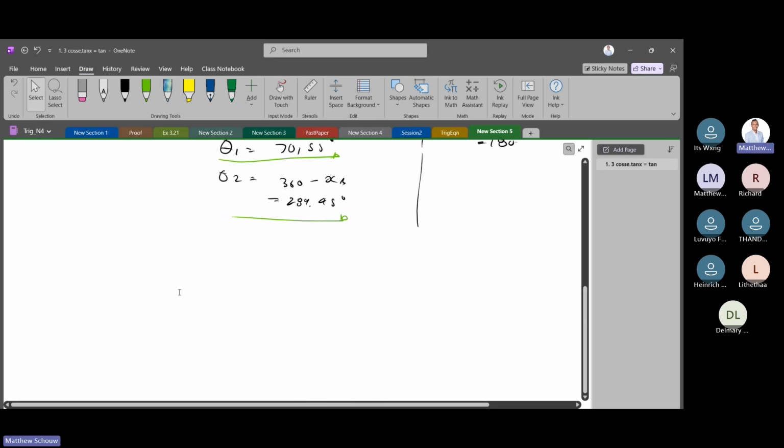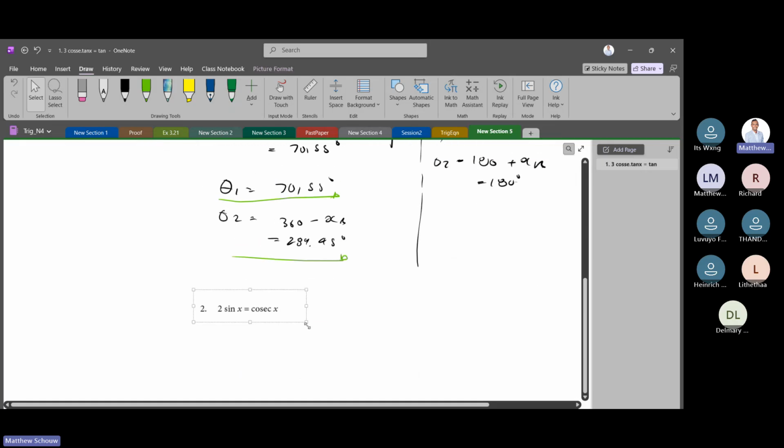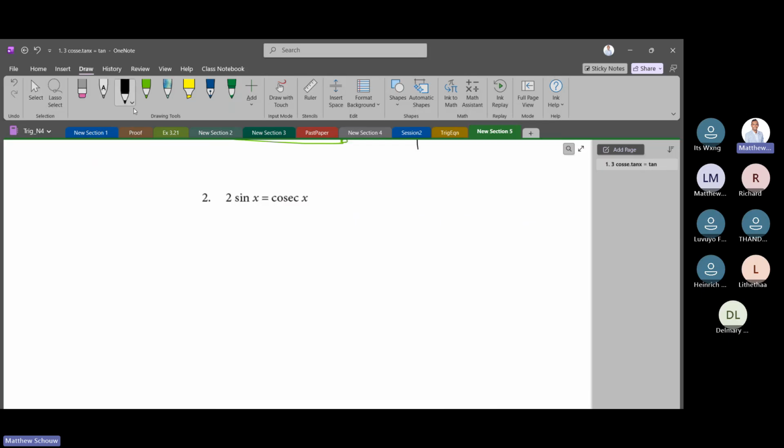So let's try this one together, and your number 3 you guys can do. 2 cosec. This one was fairly easy, I think. Here we have cosec, and we all know that cosec in this case is 1 over sine. Am I right? Yes.